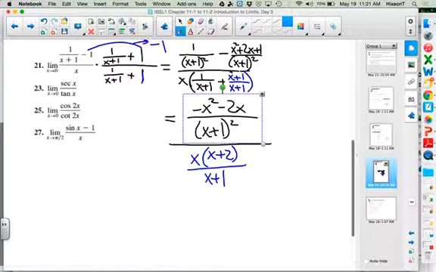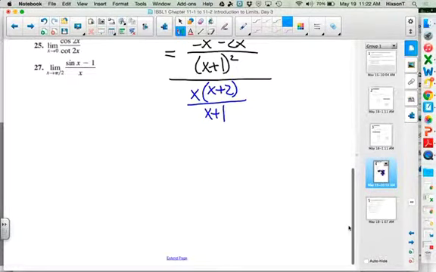Instead of using the minus 1, I chose to get a common denominator, x plus 1 squared. Oh, okay. And I just FOILed the numerator instead of leaving it factored out. Okay. Now, I have a fraction divided by a fraction, so what can I do? Flip it and multiply.